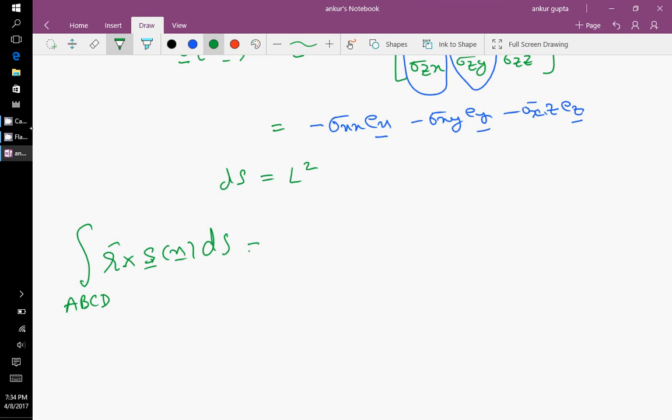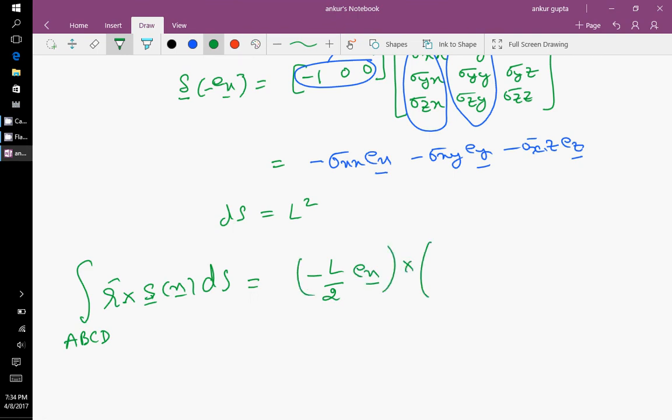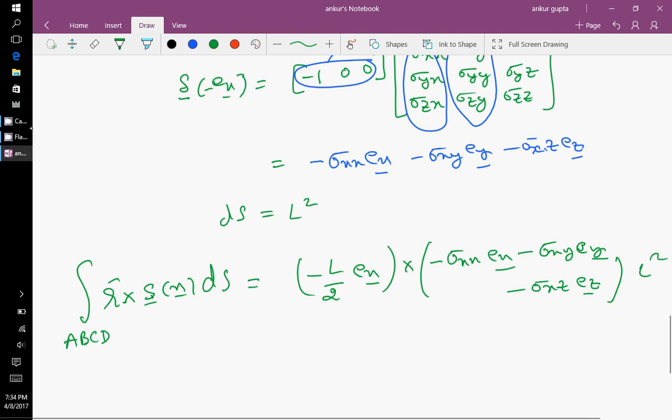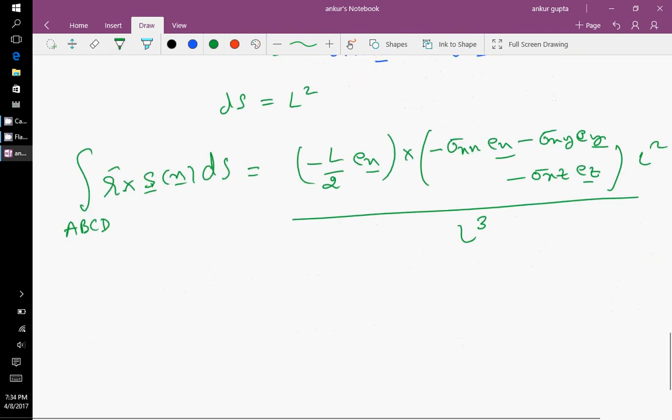ABCD is equal to r, which is minus L by 2 ex, cross minus sigma xx ex minus sigma xy ey minus sigma xz ez, times L square by L cube, right?